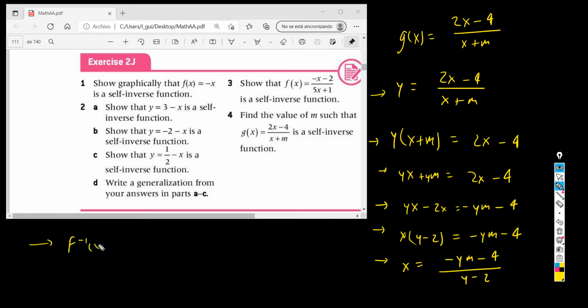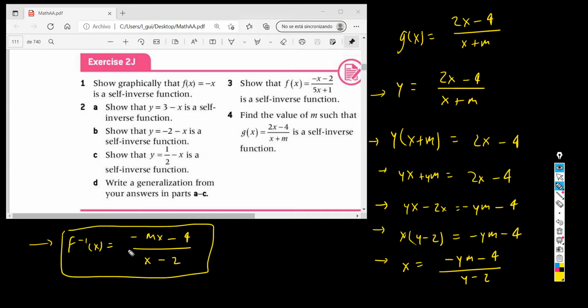G inverse of x is going to be equal to minus mx minus 4 over x minus 2. Okay, so this is g inverse of x, right guys?